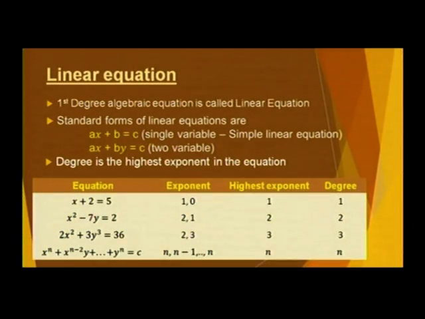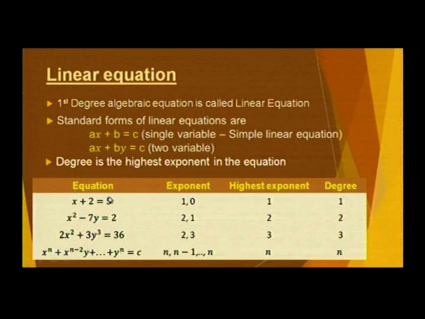Here friends, we are going to learn what the degree is. In the above example, the degree of x is 1. We learned the degree of x is 1, and here what is meant by degree? Do you know? So, degree is the highest exponent in the equation. Let us check, friends.